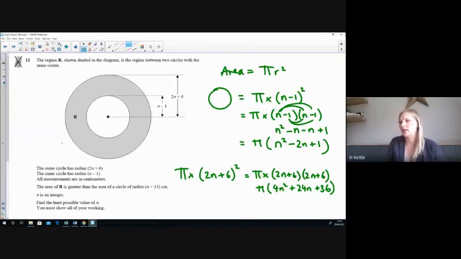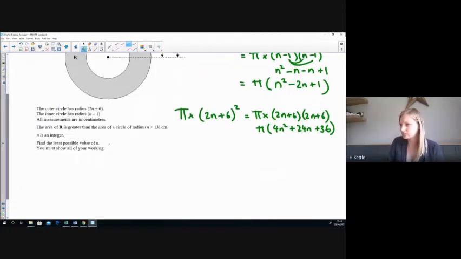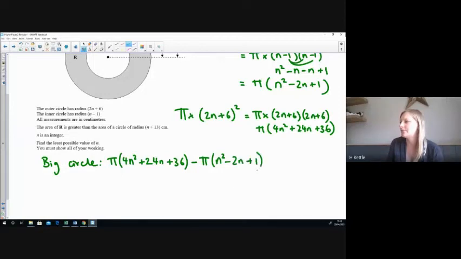So let me go down here. So we know that the big circle is pi lots of 4n squared add 24n add 36 minus pi lots of n squared minus 2n add 1. And the small circle is just this one. So if I actually want to subtract this, I can do it.